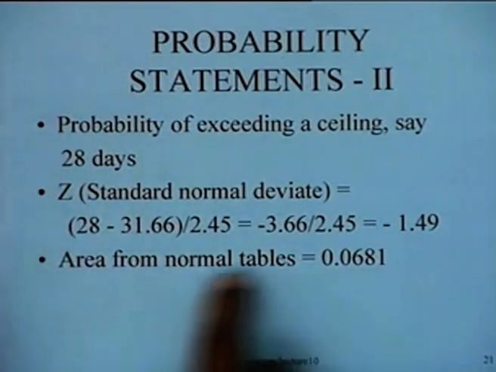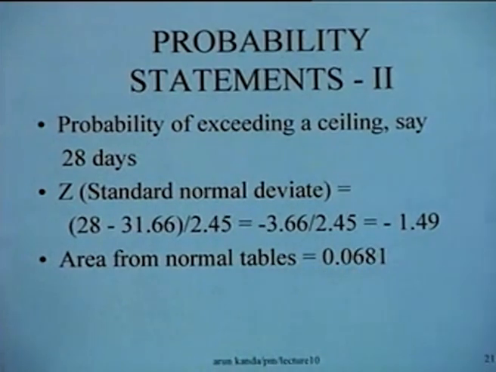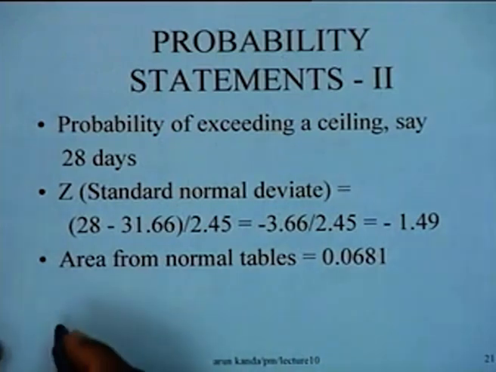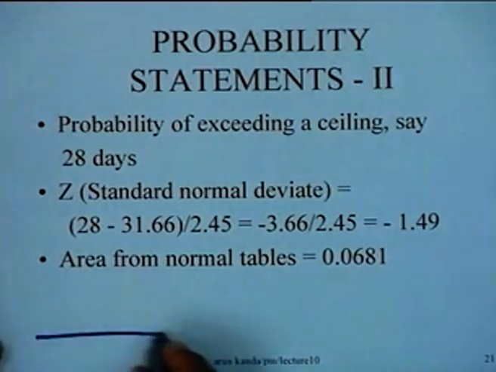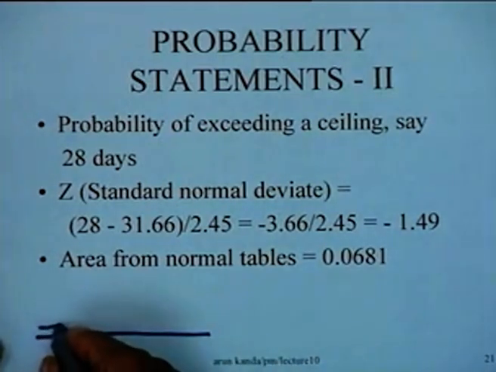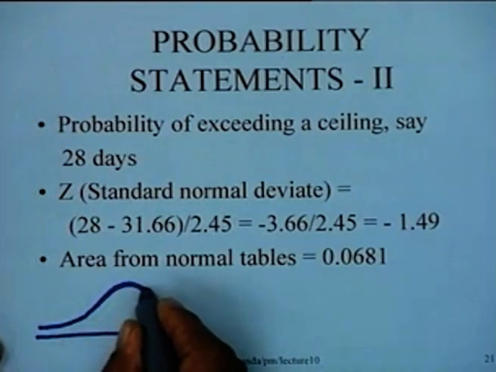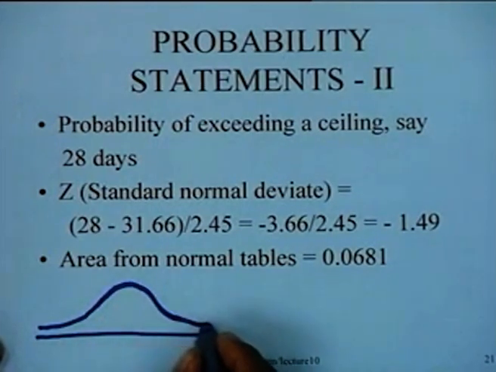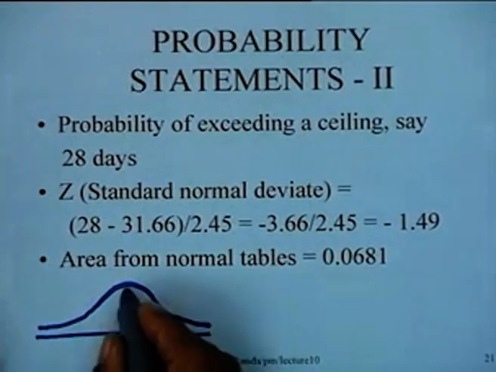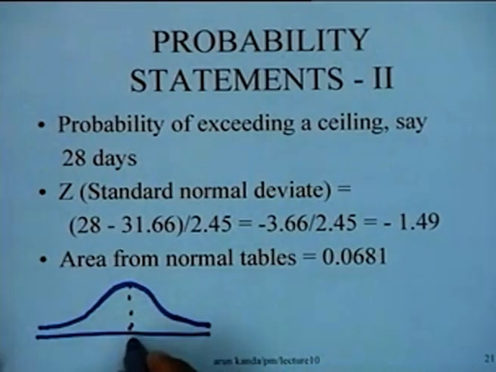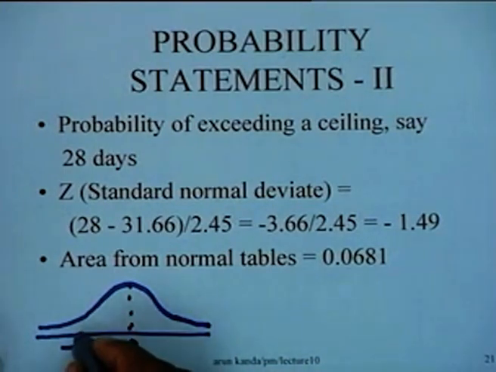And then you look up the tables. Let us see the interpretation of this particular value on the normal curve. We have a standard normal distribution, this is the 0 value, and minus 1.49 would be somewhere here.